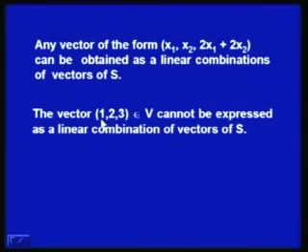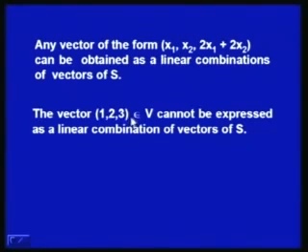Now, if I consider this vector (1, 2, 3) which clearly belongs to V, then it cannot be expressed as a linear combination of vectors of S, because this vector (1, 2, 3) is not in this form. x1 is 1, x2 is 2, but 2x1 plus 2x2 is actually not 3.